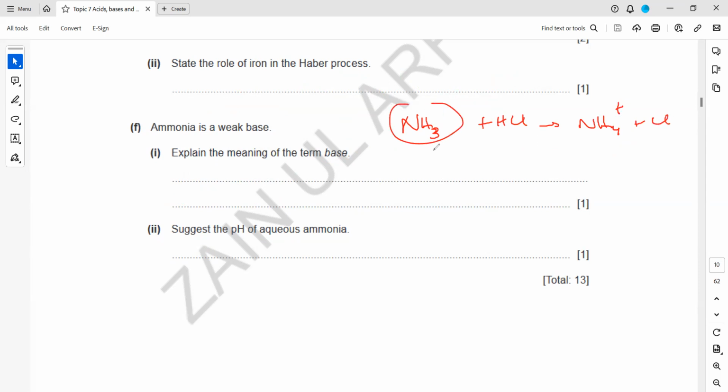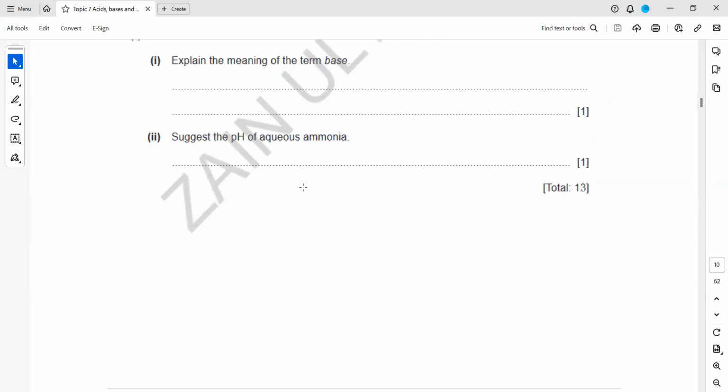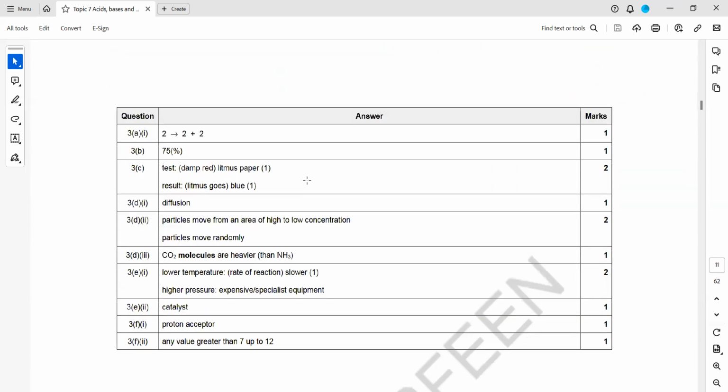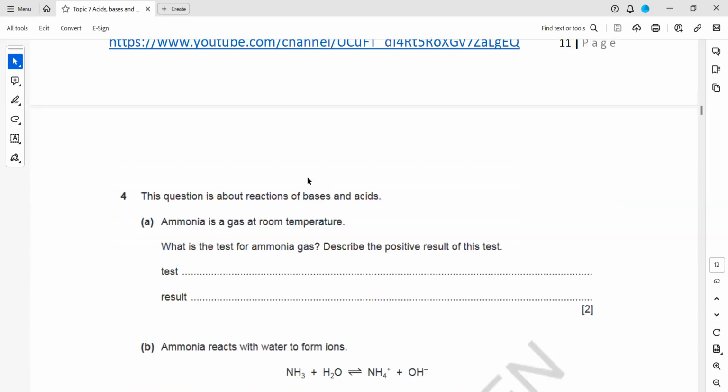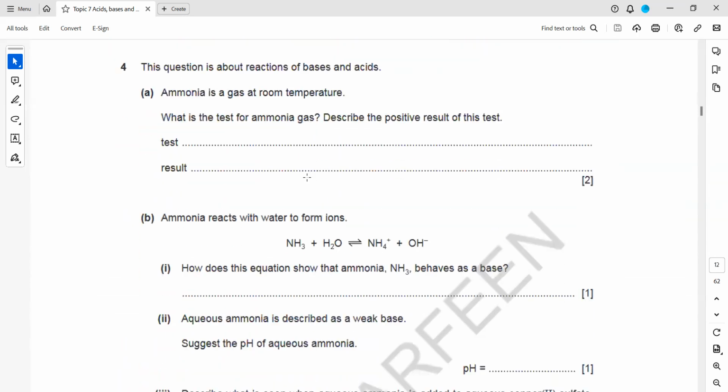So the standard definition of a base is a proton acceptor, even though a base can donate hydroxide ion. Acids are proton donors. Metal oxides and metal hydroxides are also known as bases. 7 to 12 was given as a range, like above 7.